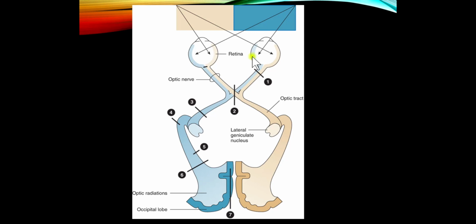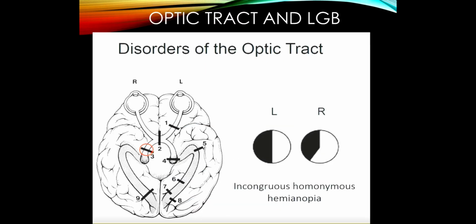The nasal retina here sees the temporal visual field in this eye. And so a visual loss here in blue will affect all vision that is to the opposite side. So if we have a lesion on the left, all of the visual loss is going to be in the right visual field in both eyes. Okay, so here we have a lesion of the optic tract.